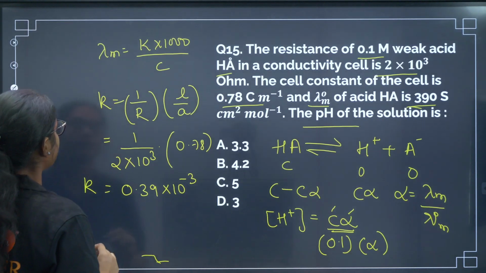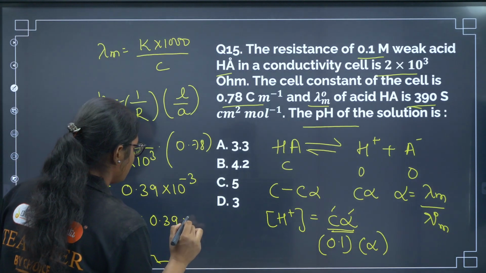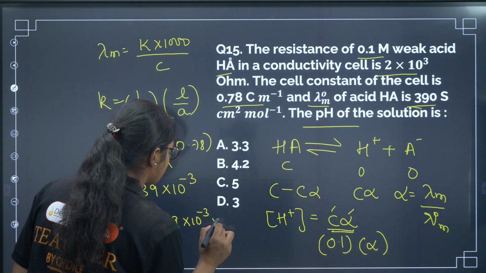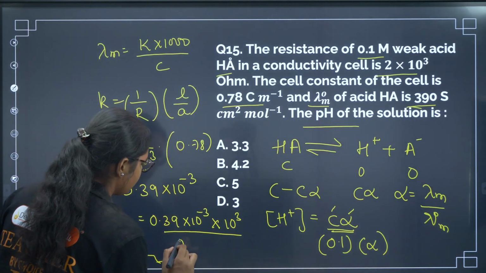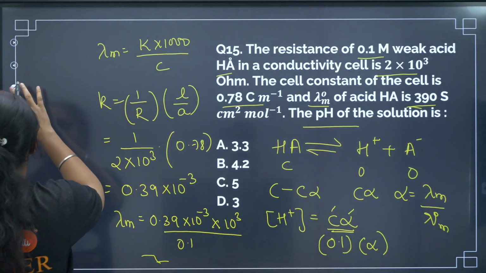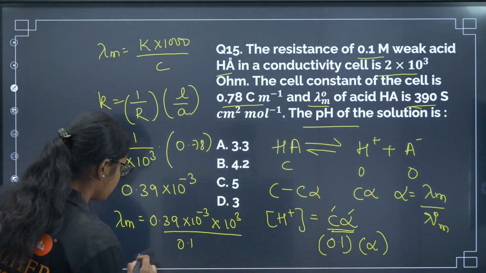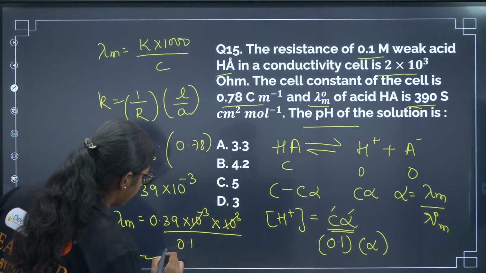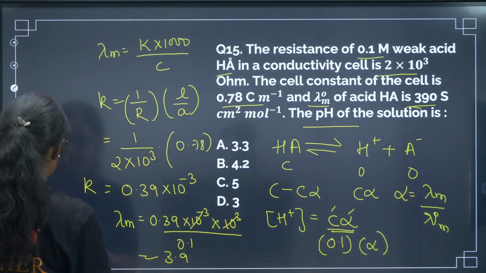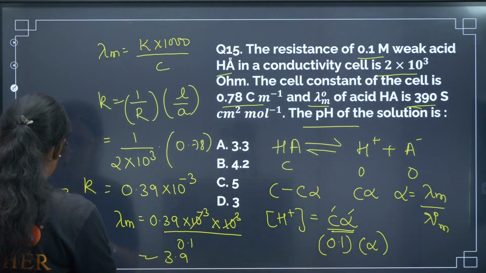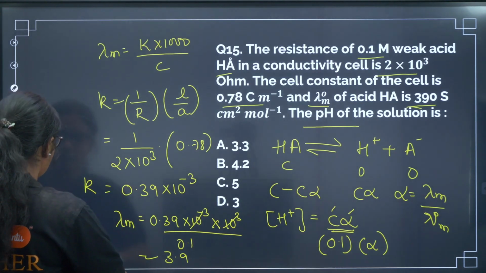Now substitute here for lambda m: 0.39 into 10 to the power of minus 3 into 10 to the power of 3 by C, which is 0.1. You can solve this part. We can cancel this, and we will get 3.9, right?